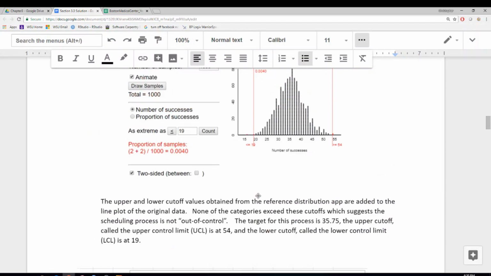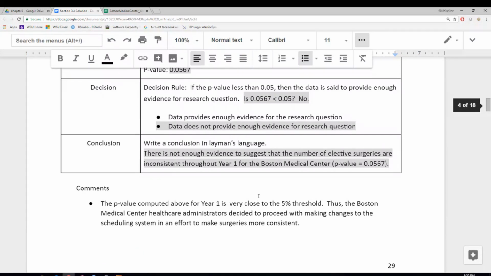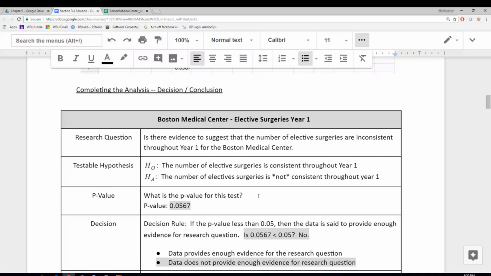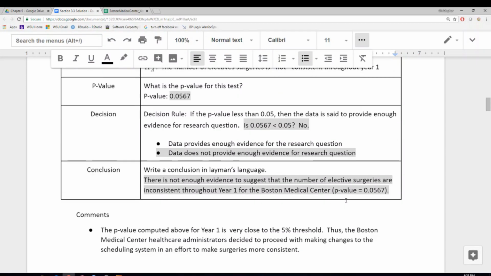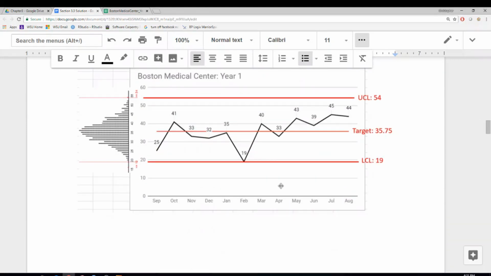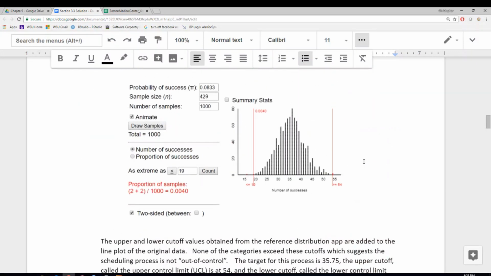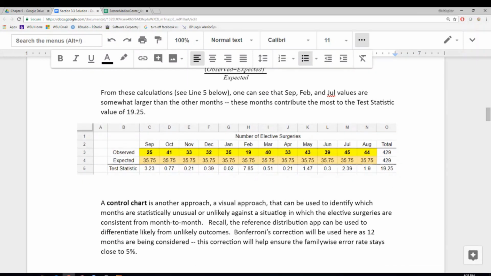And that is one reason why that p-value, if we go back up there and look at it, remember that p-value was really, really close to 0.05. So the reason that p-value is so close to that 0.05 is most likely because of 19. Now we've established that here through the use of a control chart, and we also established that through the computations, the cell contribution calculations that I discussed up above.